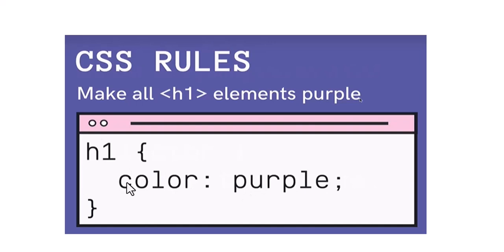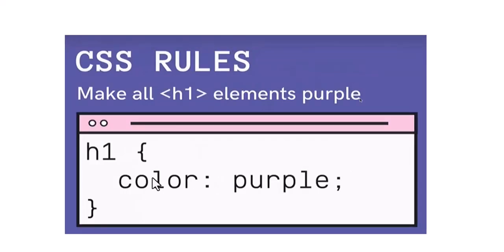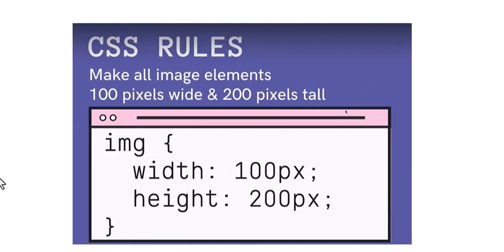So this is the property, like selector, property, value. The selector is h1, property is color, and value is purple. We can also take the image img tag, and set the width and height of this img.